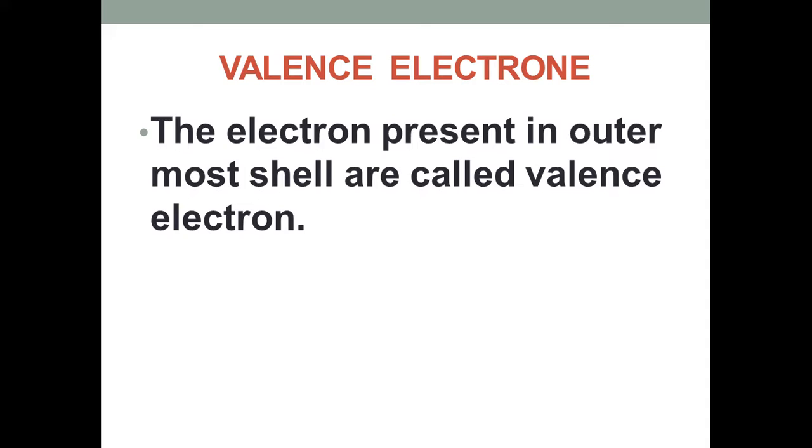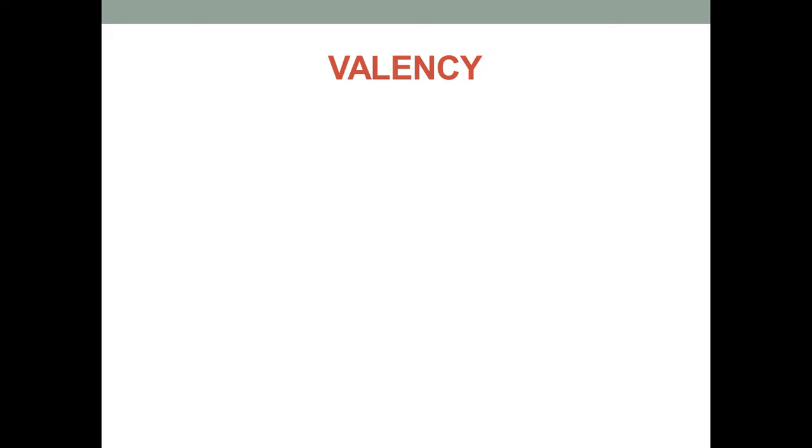Now the next periodic trend is valence electrons. How do we define valence electrons? The total number of electrons present in the outermost shell of an atom is called valence electrons. And what about valency? Valency is basically the combining capacity of an element.